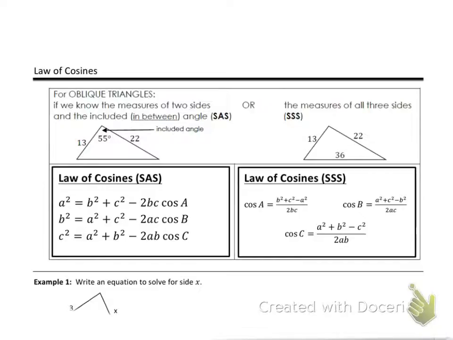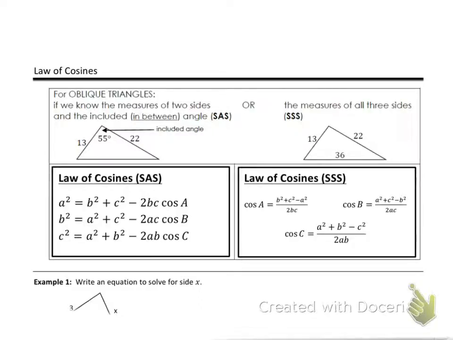Well, the nice thing is, well, not nice, because these aren't super nice equations, but they follow a very specific pattern. All right, they're all side squared plus side squared minus 2 times side, side, cosine of an angle.